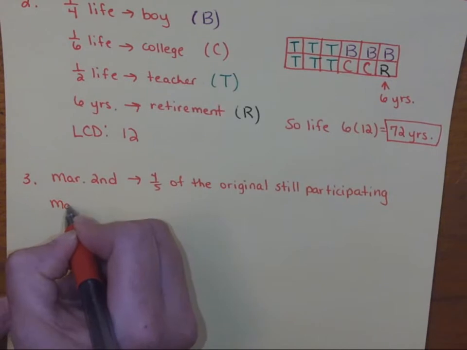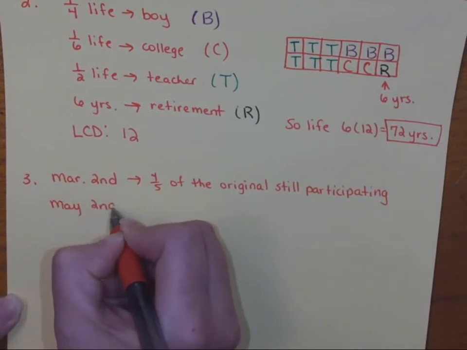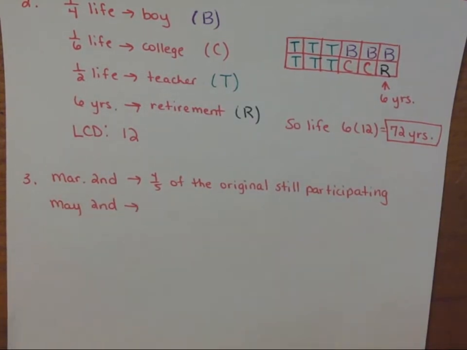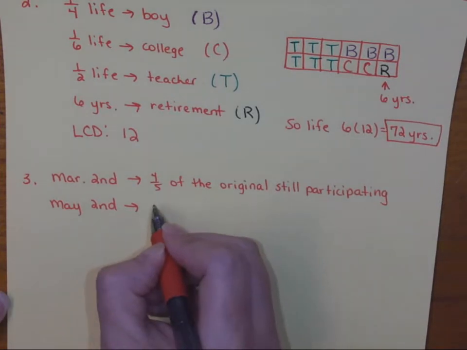Okay, the next date of significance is May 2nd. Now notice, this is a little different than the ones before it. If a person drops off before March, if they drop the fitness plan, they're not going to pick it back up, right? So once they're out, they're out. So we're going to indicate that on our picture.